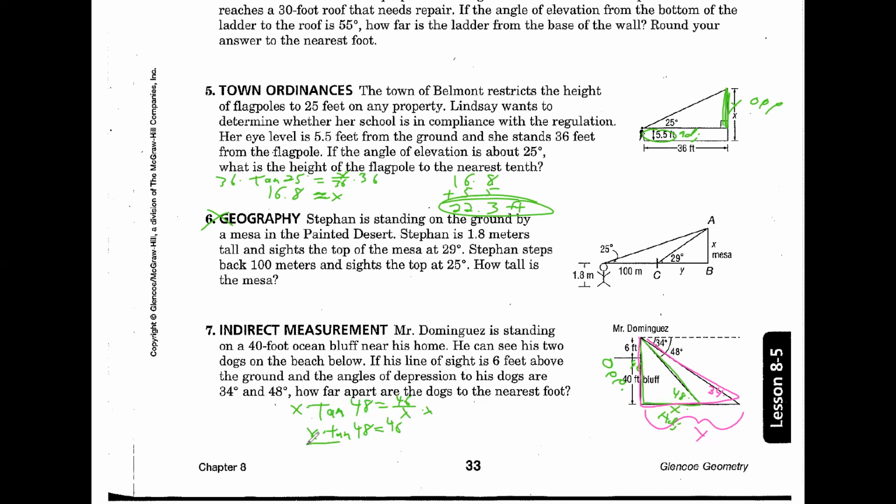Get rid of tangent of 48 by dividing it off. So 46 divided by tangent of 48 gives us 41.419.